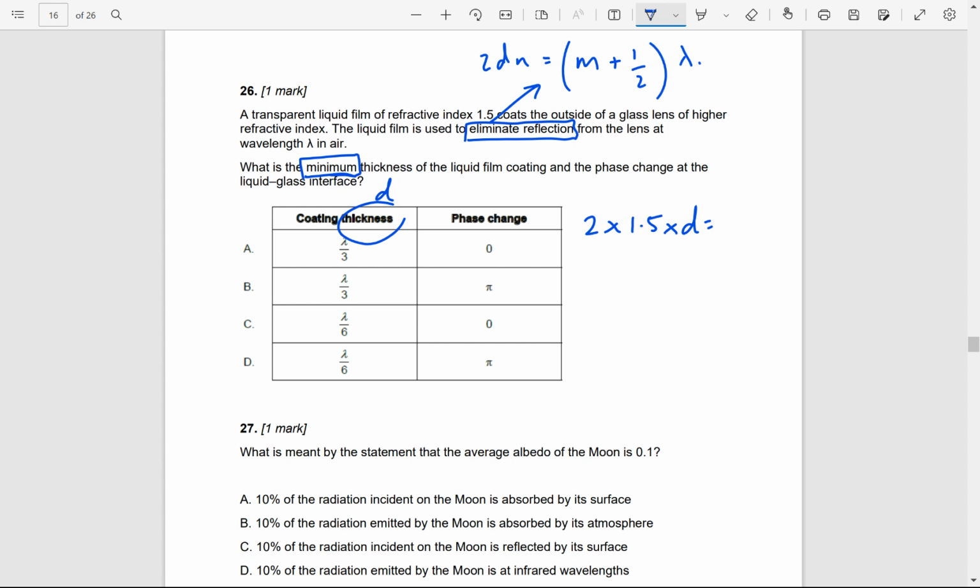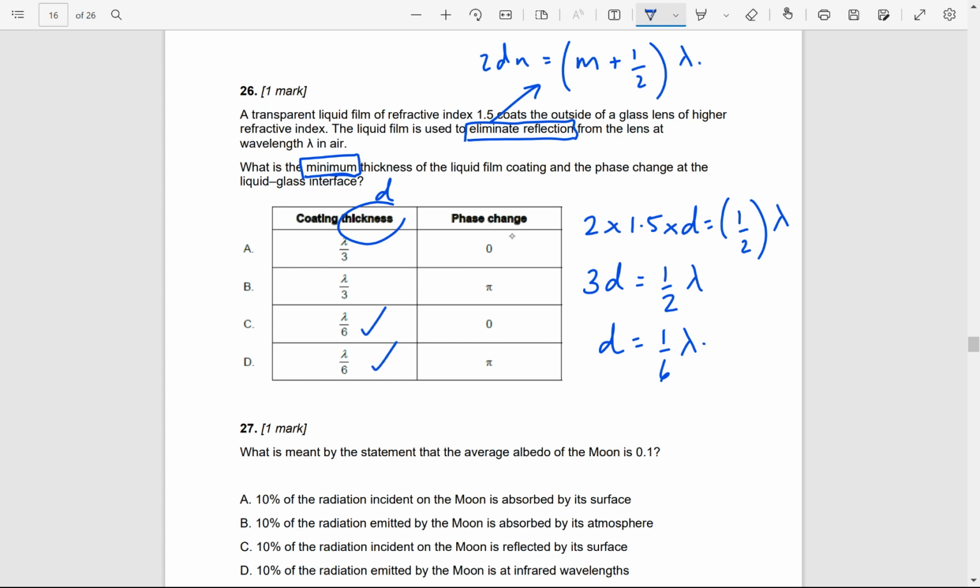So m is negated, we don't need m, we're just going to have the half times lambda. So 3D equals half lambda, so D is a 6th lambda.